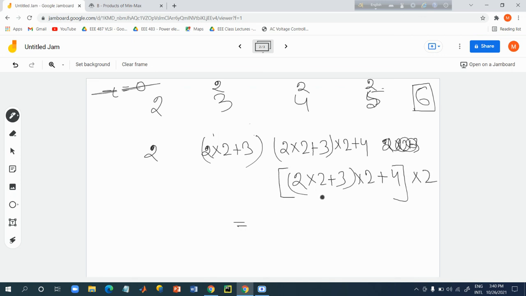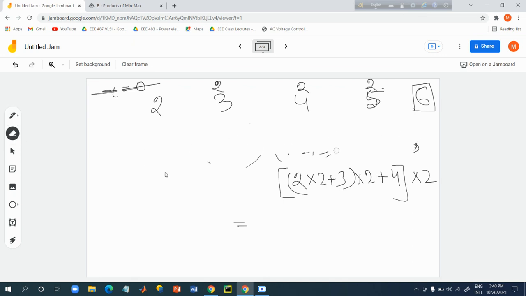If you multiply it by 2, these two will have two more options. These three will have two more options. These four will have two more options. So that's what you are going to do. So you are going to solve this problem.